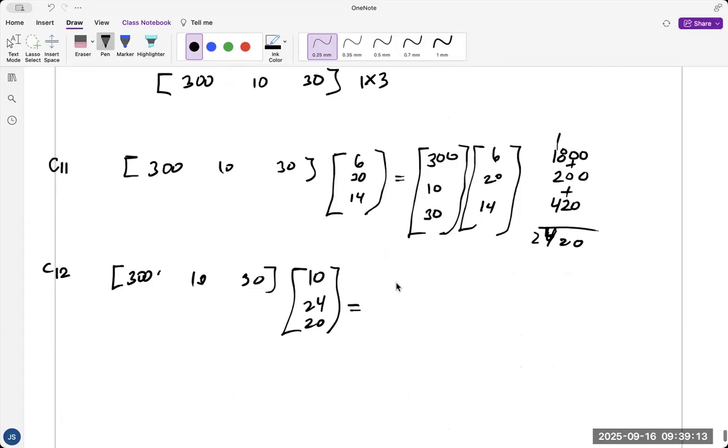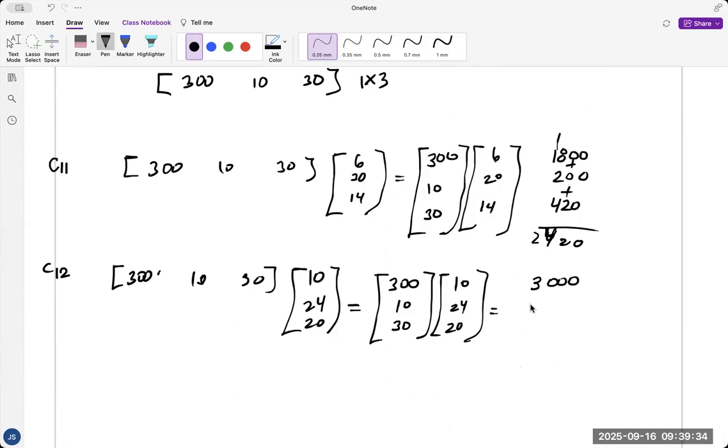Okay, and then I'm going to rewrite that: 300, 10, 30. Then 300 times 10 is 3,000. 10 times 24 is 240, and 20 times 30 is 600.